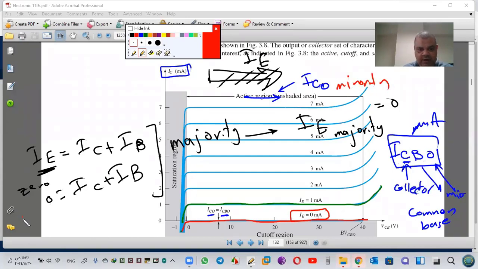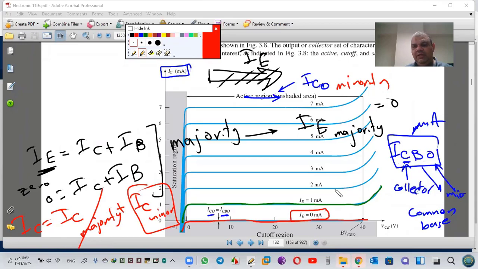We found that in the collector current we have IC majority plus IC minority. Majority is 0, so we just have IC minority. So ICBO means the collector current, common base, minority. Clear for you? So this is the first current, a very important current.